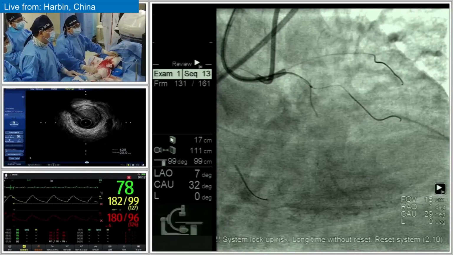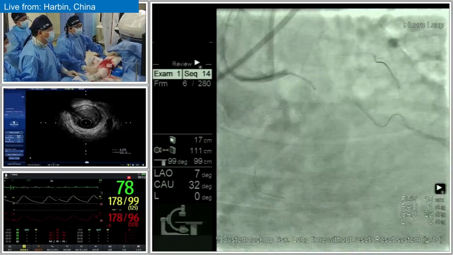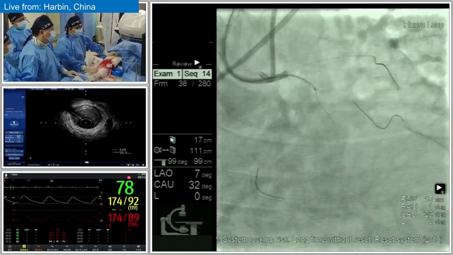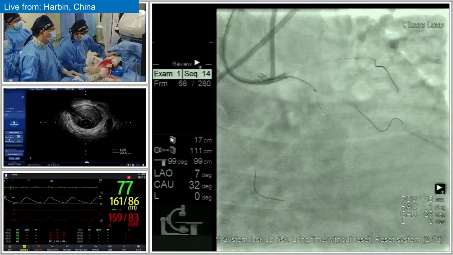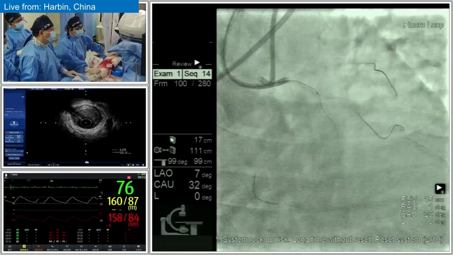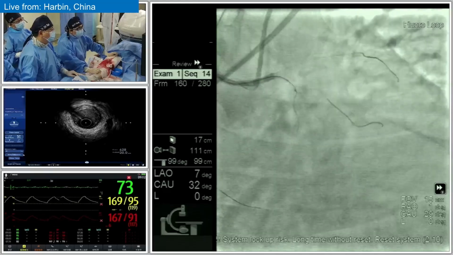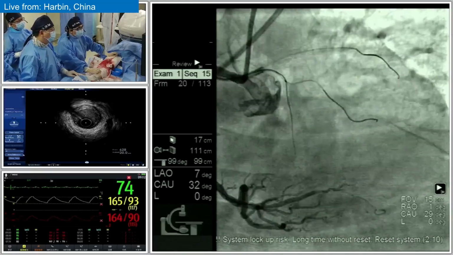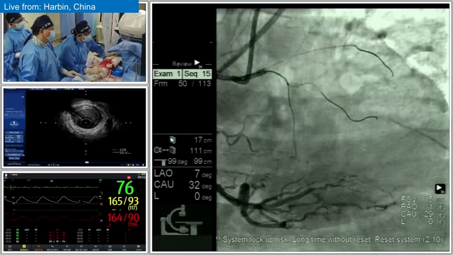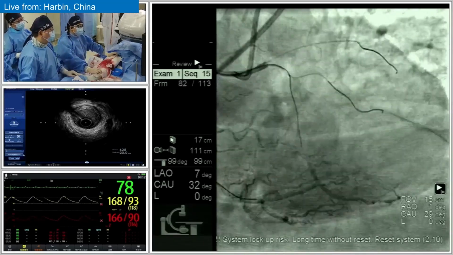Then we carefully manipulated the tip of the wire and successfully crossed the segment of occlusion.